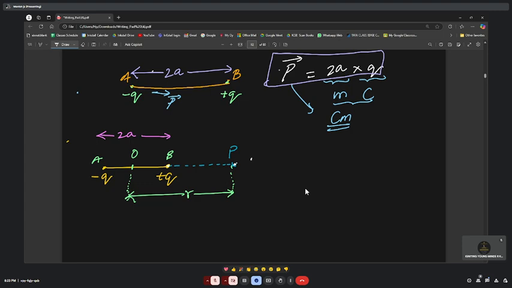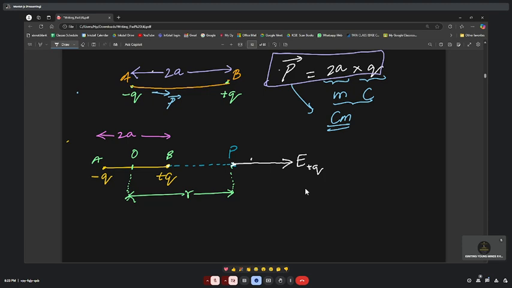Due to the positive charge, the electric field is going to be repulsive, like this. So the electric field at P due to the positive charge will get repelled like this. It is towards the right. Why towards the right?